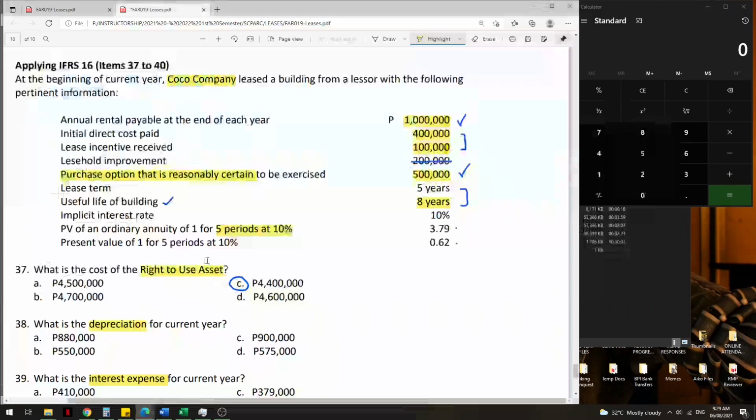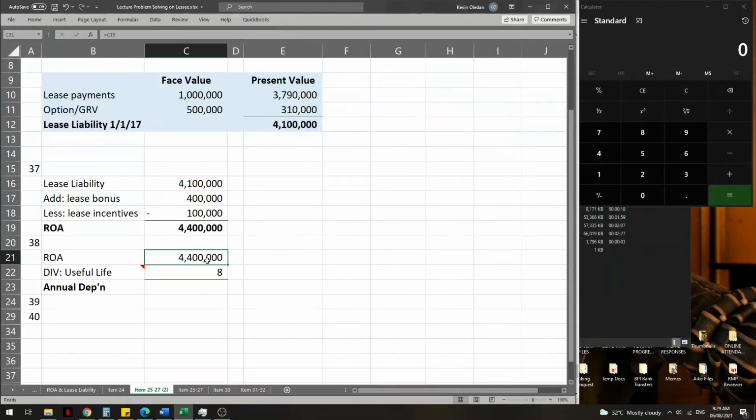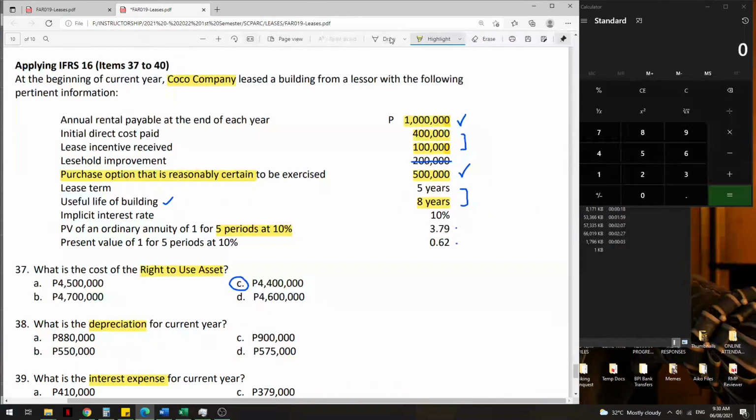Also take note that there is no guaranteed residual value, so you don't need to worry about depreciable amount. The whole amount is the depreciable amount. To proceed, we'll have to divide 4,400,000 with 8 years, the useful life, to arrive at our answer, 550,000.